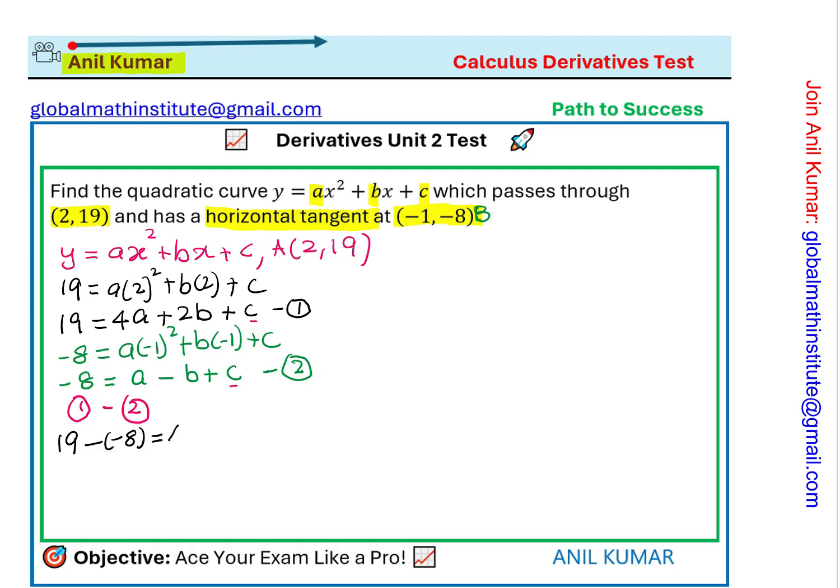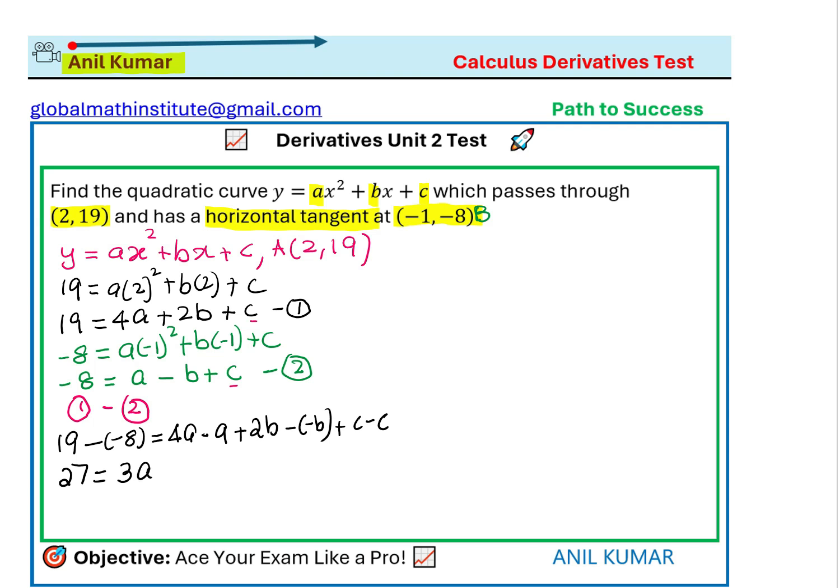And here we have 4a minus a plus 2b minus of minus b, and c minus c is 0, right? So 19 plus 8 is 27. 4a minus a is 3a, and 2b minus of minus b is 3b.